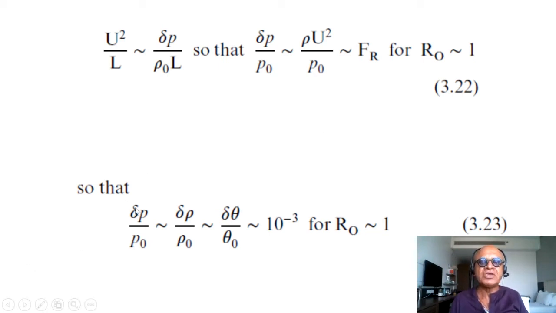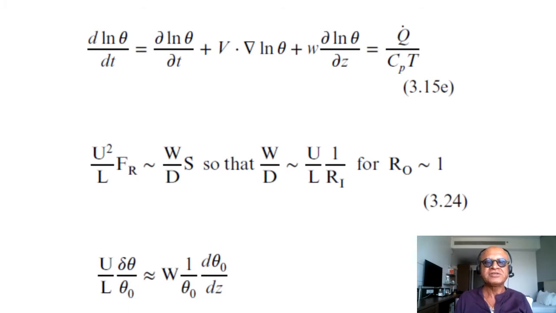Continuing this, delta P over P0 then again can be written as delta rho over rho 0 using our hydrostatic equation, which is related to delta theta over theta 0, the thermodynamic perturbation, which is 10 to the minus 3 for R0 equals 1, which is even smaller than what we saw in the extratropics. Going to our thermodynamic equation, the one we wrote already several times, we can scale the quantities again.